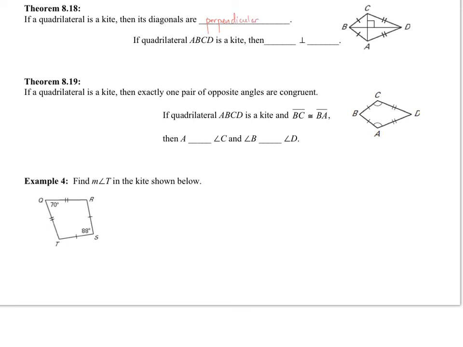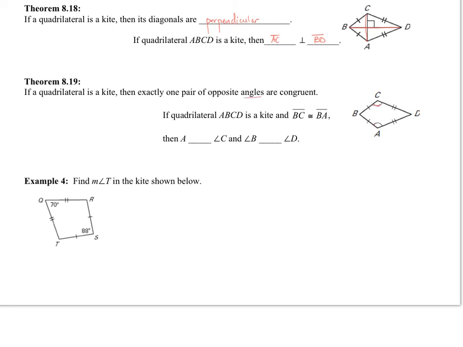So again, if quadrilateral ABCD is a kite, then we can say AC is perpendicular to BD. Again, you can use Chapter 4 methods of proving triangles congruent to prove this theorem. And for theorem 8.19, if a quadrilateral is a kite, then exactly one pair of opposite angles are congruent.